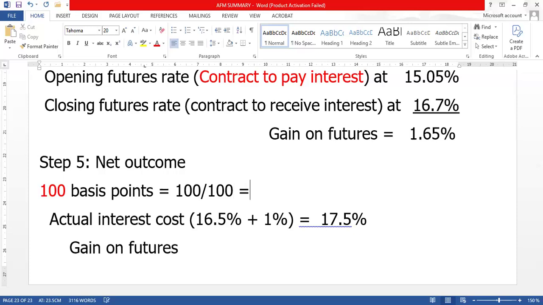That is 1. If you're given 30, get 30 divided by 100. If you're given 50, get 50 divided by 100. The answer you get, put it in percentage. Here you get 0.5, so it will be 0.5%.